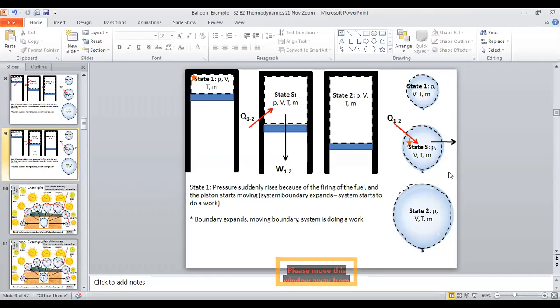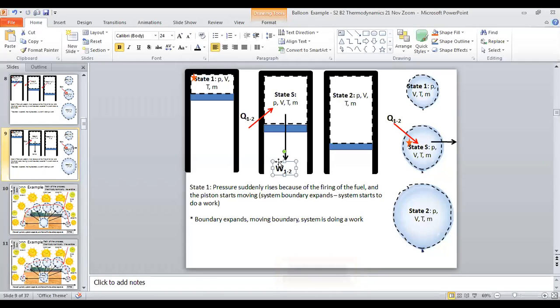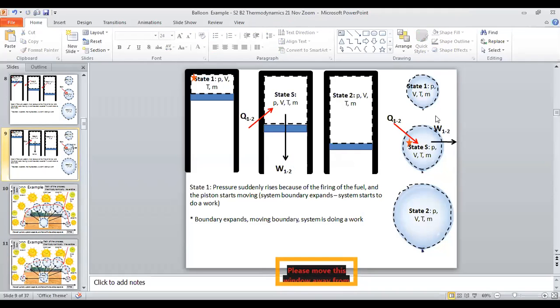Work done is expanding boundary, interacting with the surroundings. You cannot put just a single direction, but for convenience, I put W1,2. But here you can see the expansion everywhere, so W1,2 is something like a totality of this radial expansion.